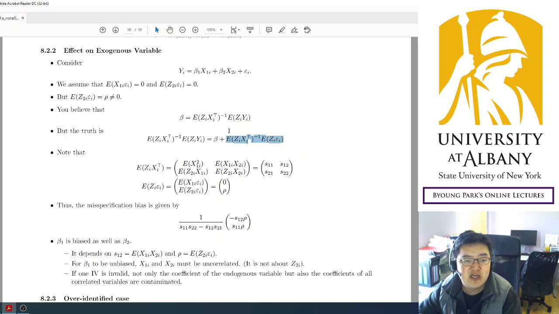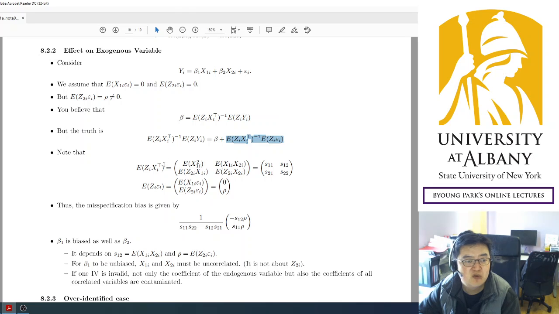This misspecification bias is also a 2x1 vector because there are two betas. And we can determine the bias by calculating the inverse of the 2x2 matrix.